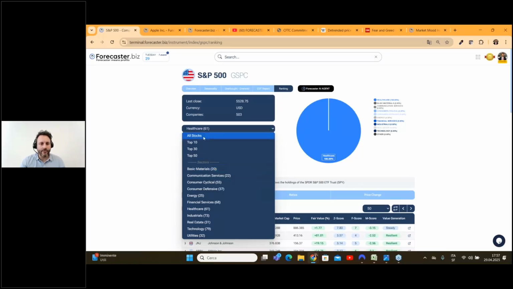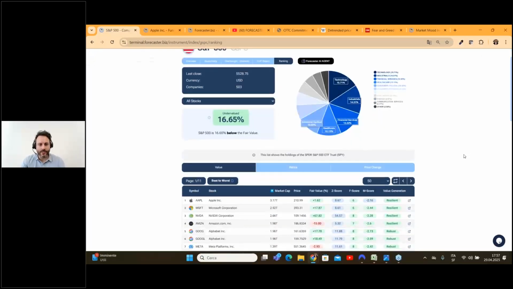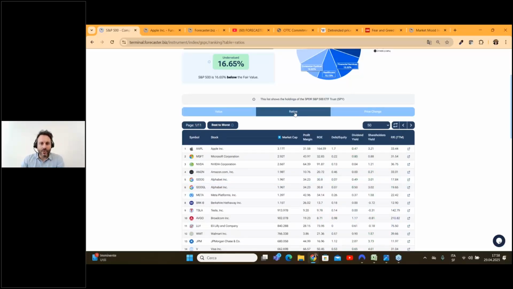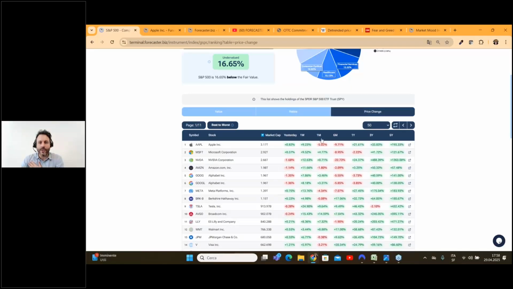If we go, for example, here to all shares, all stocks, here you can find the value layer where you can find all the fundamental analysis factors. We will deep dive inside this page next week when we talk about shares and companies. You have the ratios, the traditional ratios, and you also have the price change, the performance for the stock. Okay.